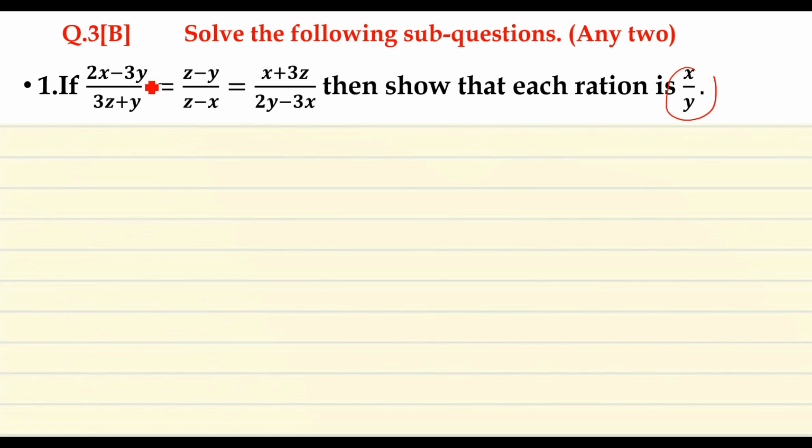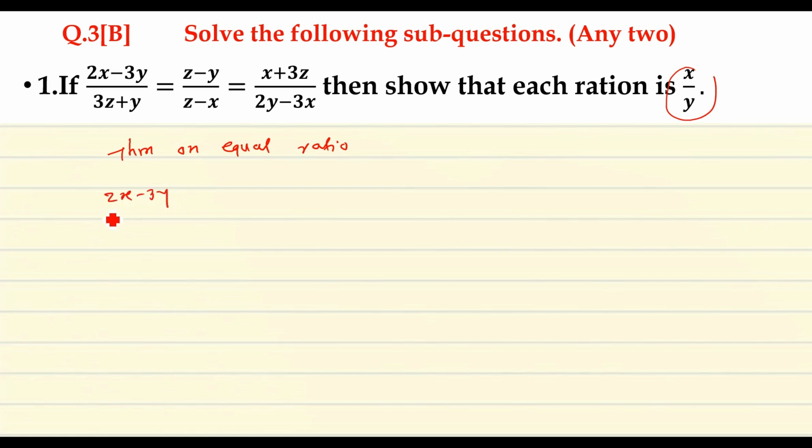If you observe here, we have 2x and here x is there. So again we will apply the theorem on equal ratio. So what is the theorem on equal ratio?